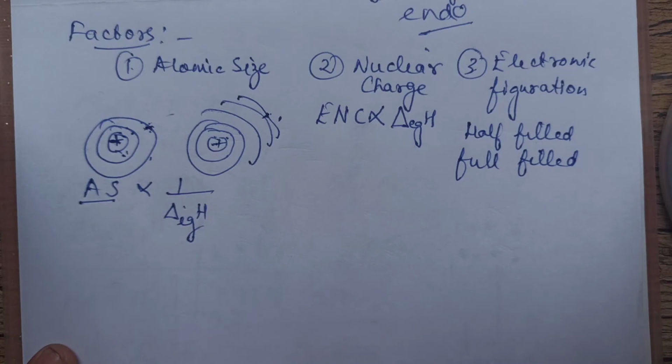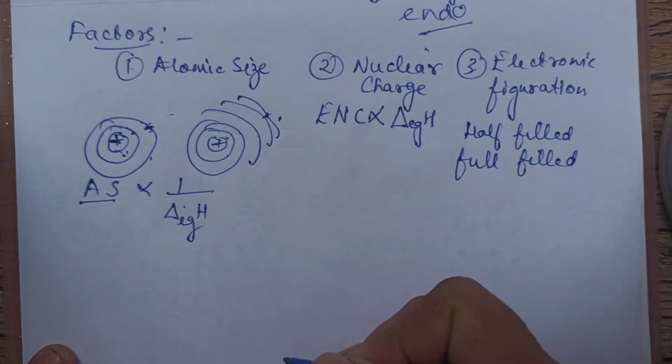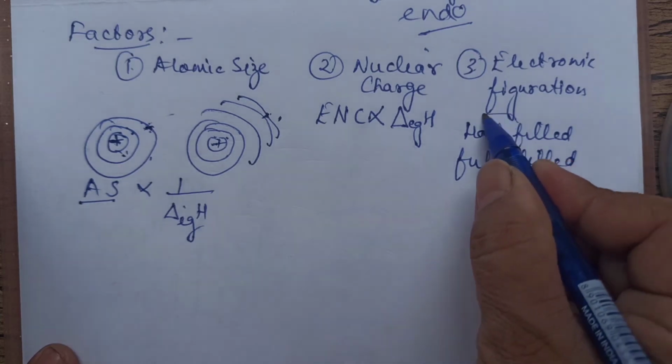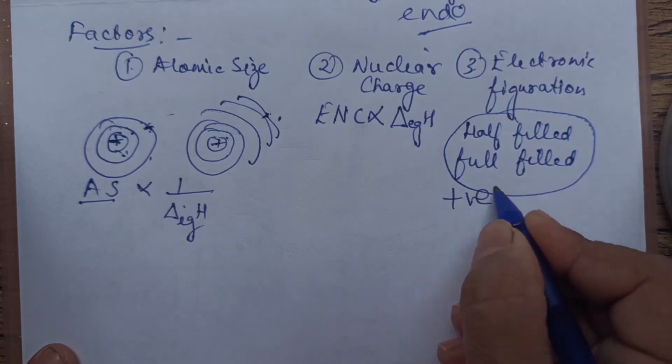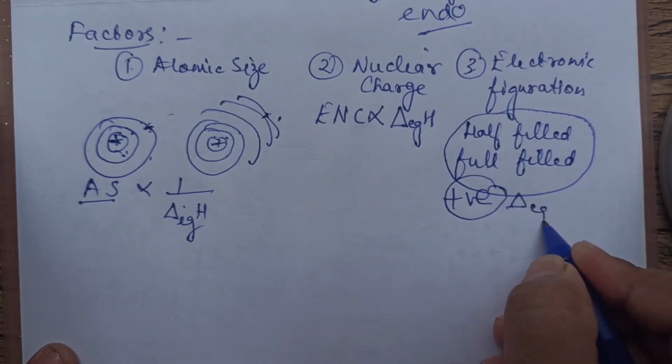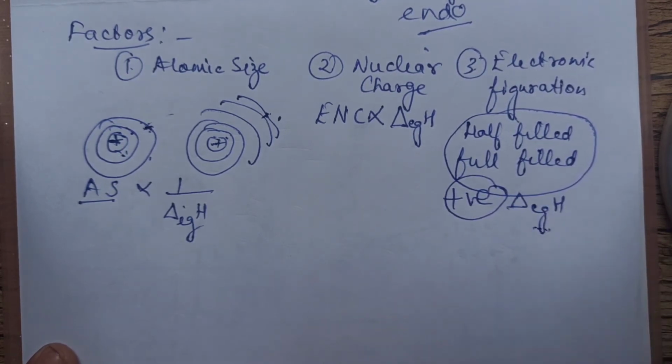They are very stable, which means they will not like to disturb their stability. They will not accept the electron readily. If they cannot accept the electron readily, obviously the energy released will be less. In a way, we can say these configurations, half filled and full filled, will have positive electron gain enthalpy. We will study this in the period.